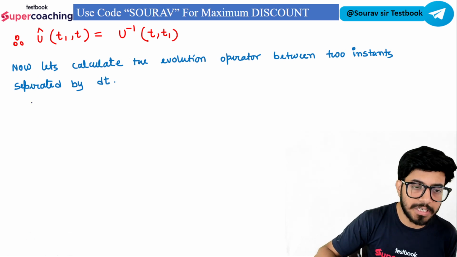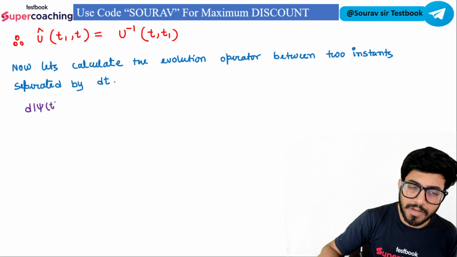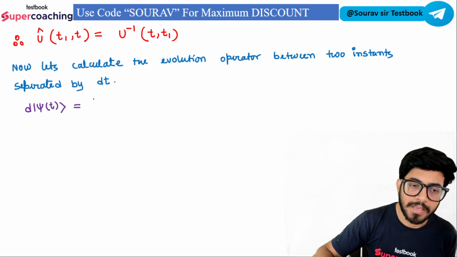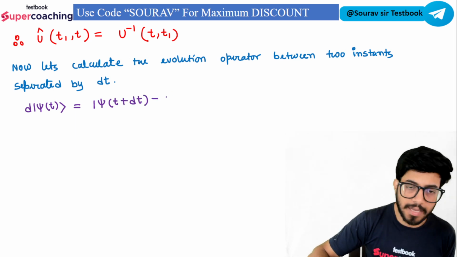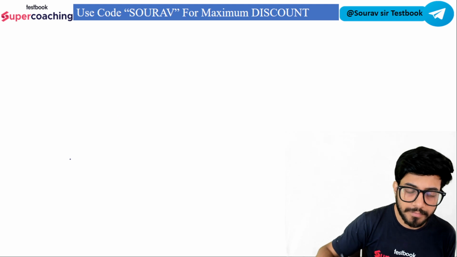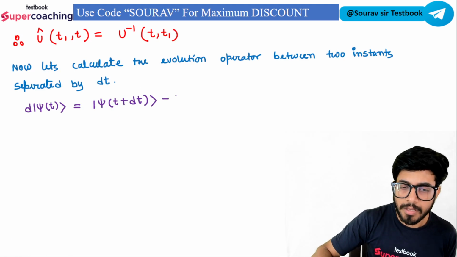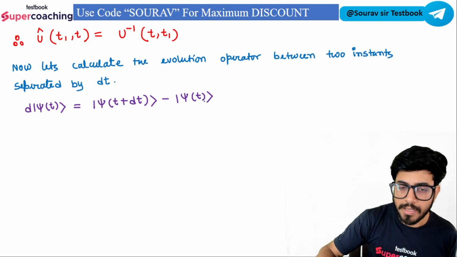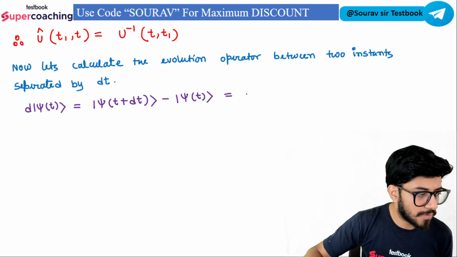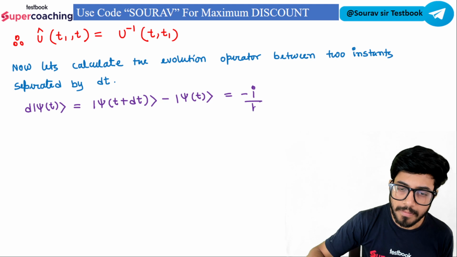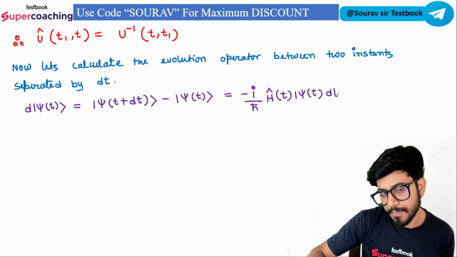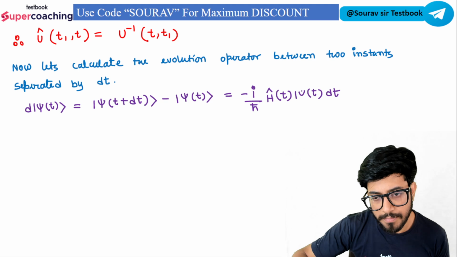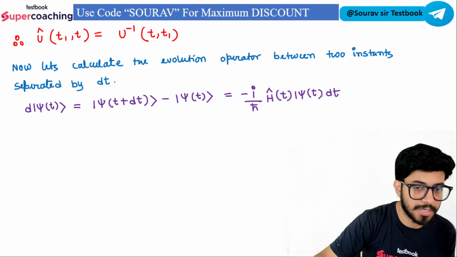You can simply mention d psi of t is equal to psi of t plus dt minus psi of t, that is actually equal to negative of i by h cut h of t psi of t dt. That's coming from the Schrodinger equation. Of course, no doubt that's coming from the Schrodinger equation.